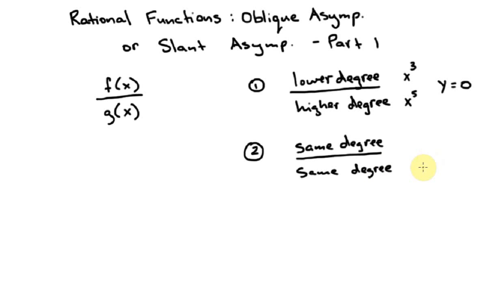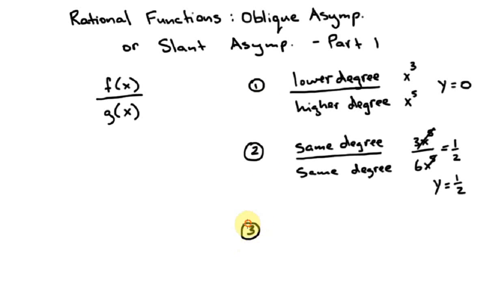That leads to a situation like this, where you examine 3x to the 5th and 6x to the 5th, and you cancel off the powers of x that dominate, and you go, okay, so it's 1/2, so the horizontal asymptote is y equals 1/2. So these are two types of horizontal asymptotes that we've looked at.